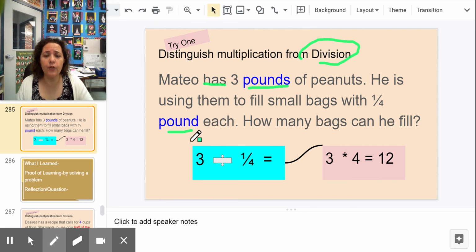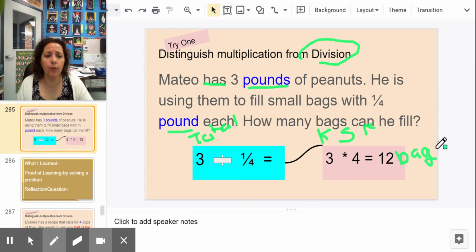Then what are we dividing it into? 1/4 pound bags. So it's 3 divided by 1/4. And remember, we keep the 3, we switch the sign, and then we flip the 1/4. The reciprocal of 1/4 is 4. So it's just 3 times 4, which is 12. So he can fill 12 bags.